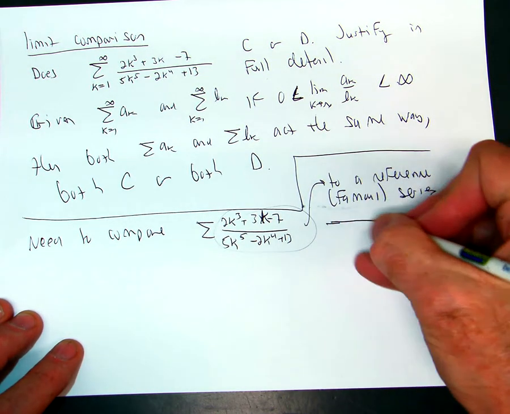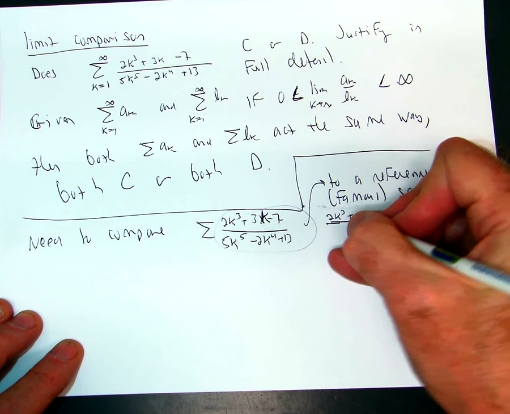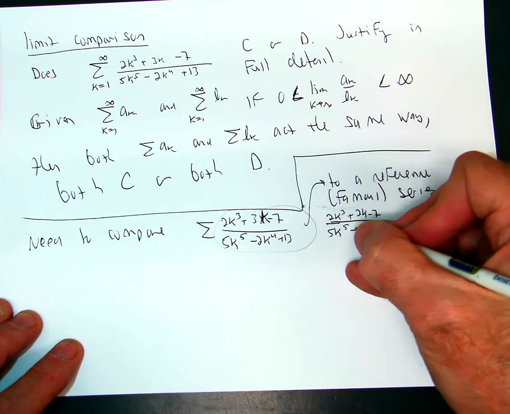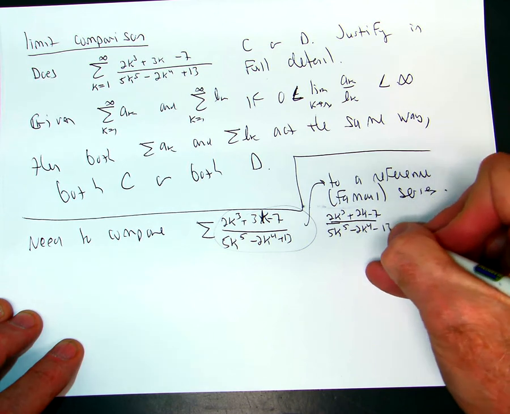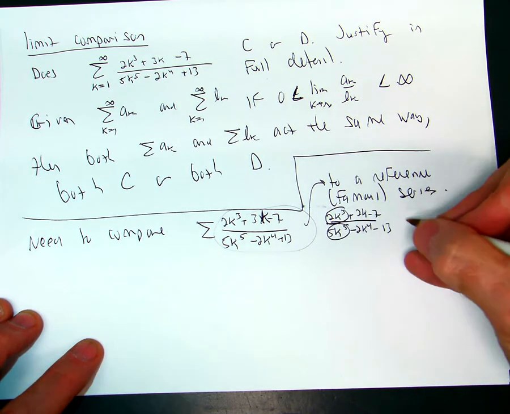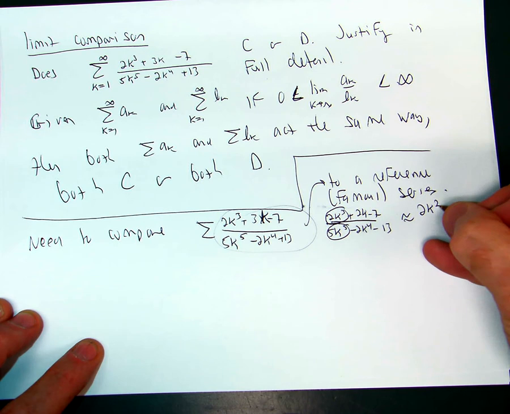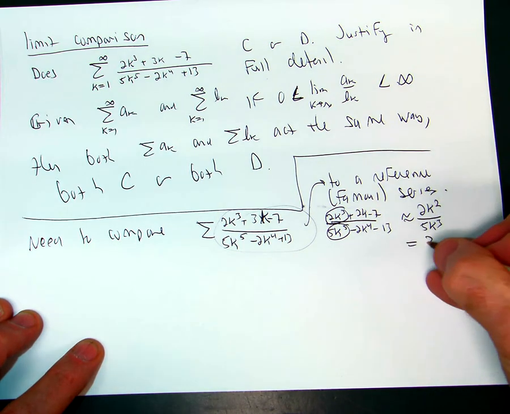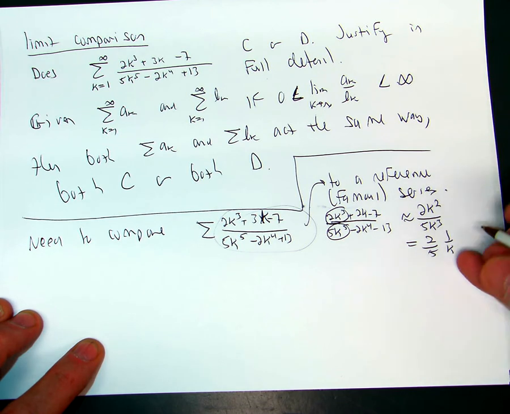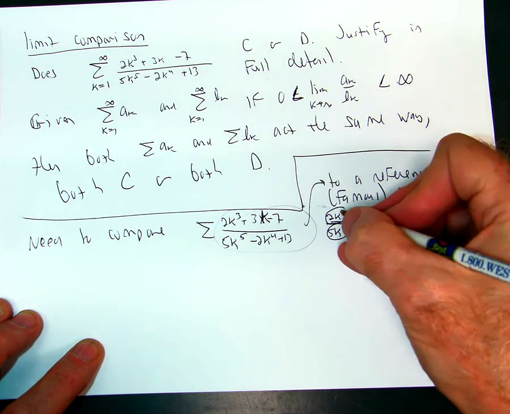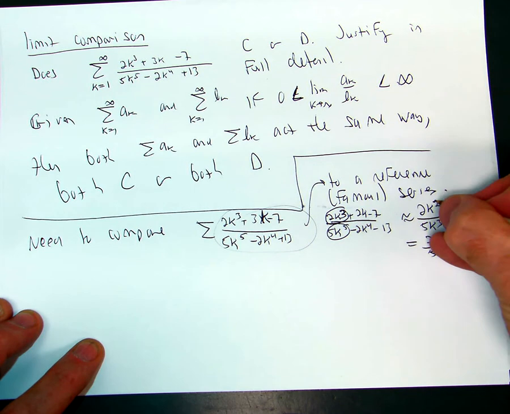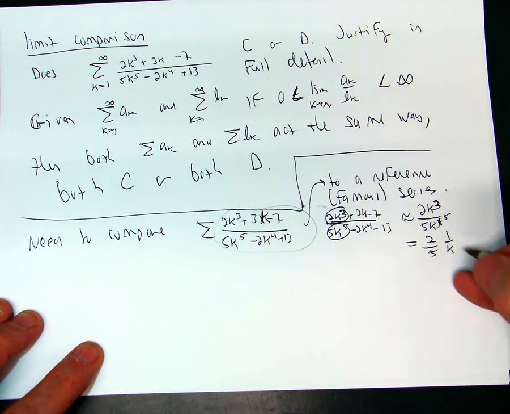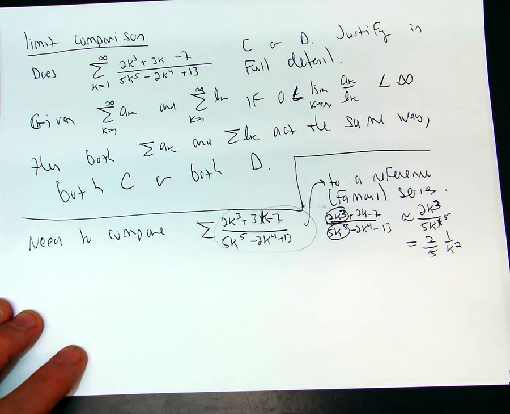I'm going to look at this series, 2K cubed plus 2K minus 7 over 5K to the 5th minus 2K to the 4th plus 13. This is going to be pretty much similar to this series, which is going to be 2/5 1 over K. I'm sorry, that's to the cubed, and that's to the 5th. So I just take the two highest order terms. That's going to be really close to 2 over 5, 1 over K squared.